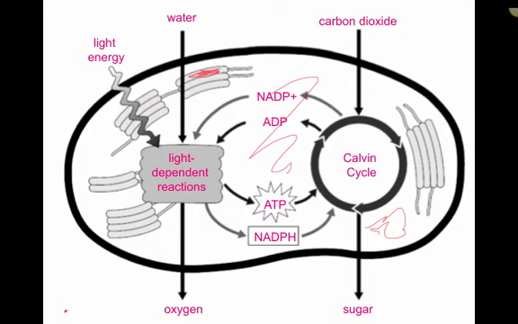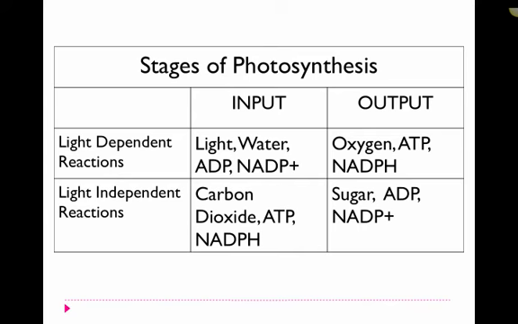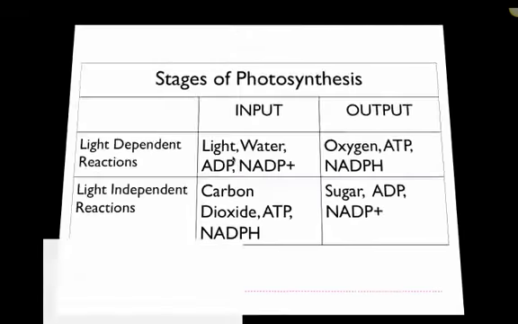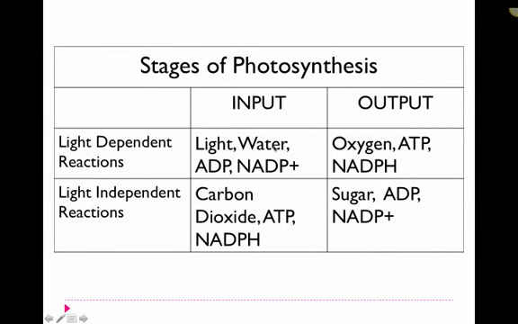This is a nice summary of photosynthesis, and I would use this to study for an upcoming quiz. So the stages of photosynthesis. We have the light reactions. What goes into a light reaction? Well, I have light, water, ADP, and NADP plus.